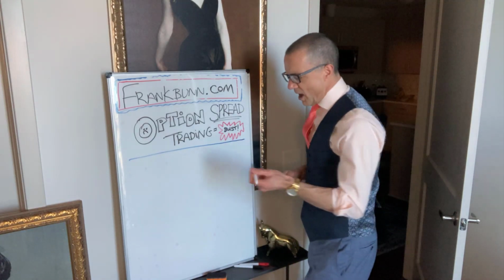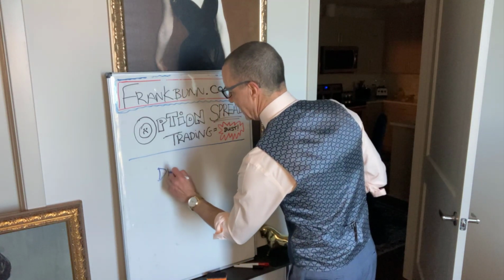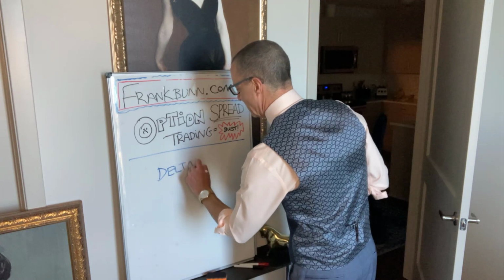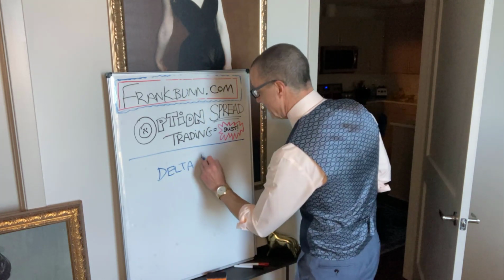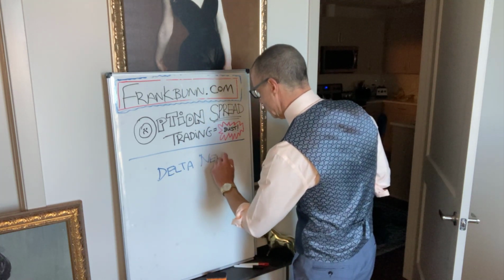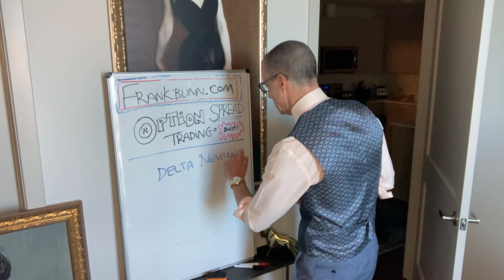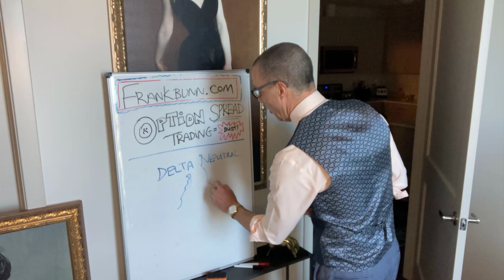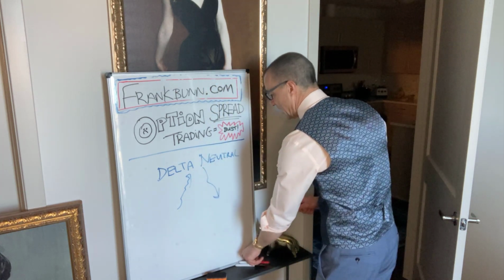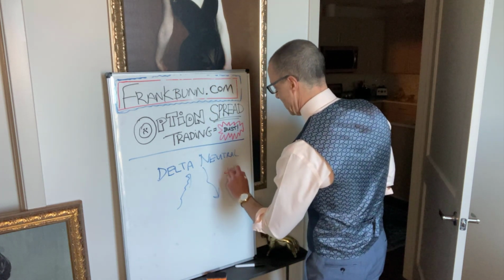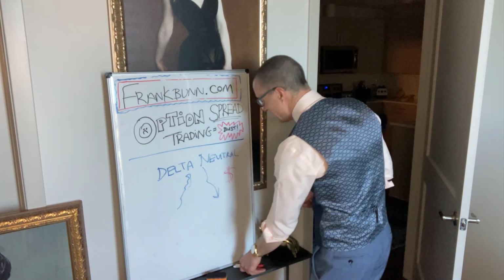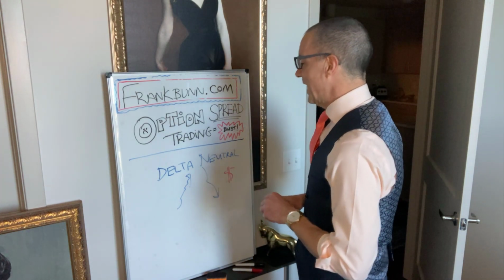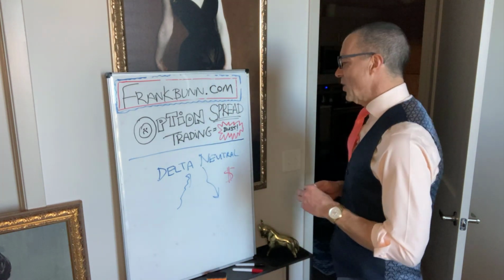Option spreading is part of a family of strategies called delta neutral. That's really a fancy name for: it doesn't matter if the market goes up or down, you can profit from it. That should be the first indicator that this is shaky at best.